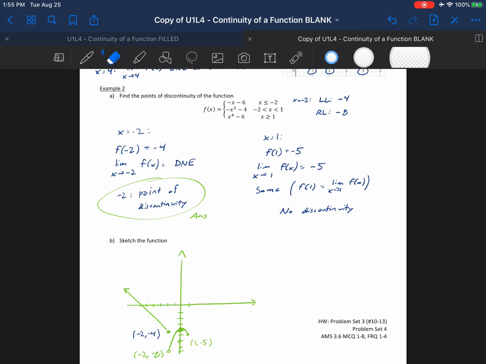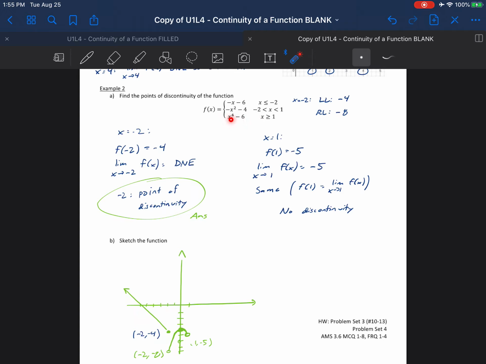Right now, at 1, -5, I should have drawn an open circle. So let me correct that. Okay, open circle for now, because both these values are exclusive, right? How do I get the function value at 1? Well, I use this. If I plug in 1, now that circle is going to get filled in.